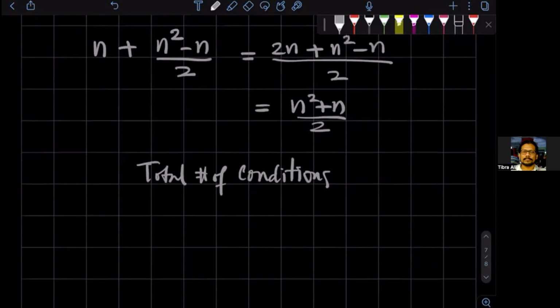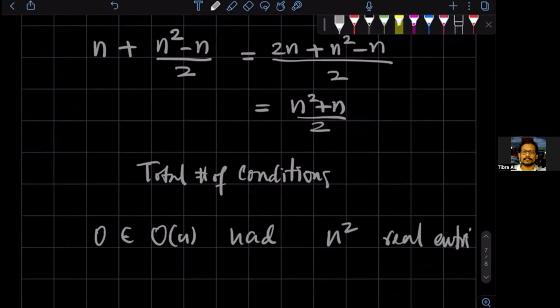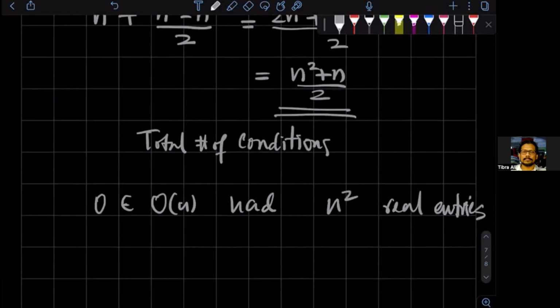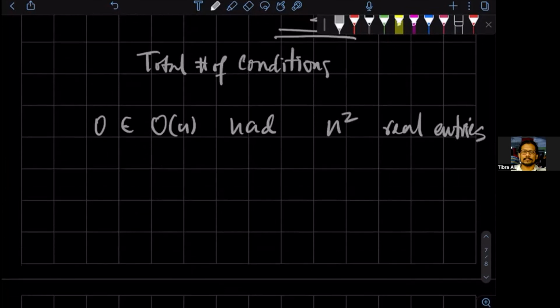So originally our matrix O of O(N) had n squared real entries, but on those real entries there are this many conditions, so the number of independent parameters is going to be n squared minus (n squared plus n) over 2.